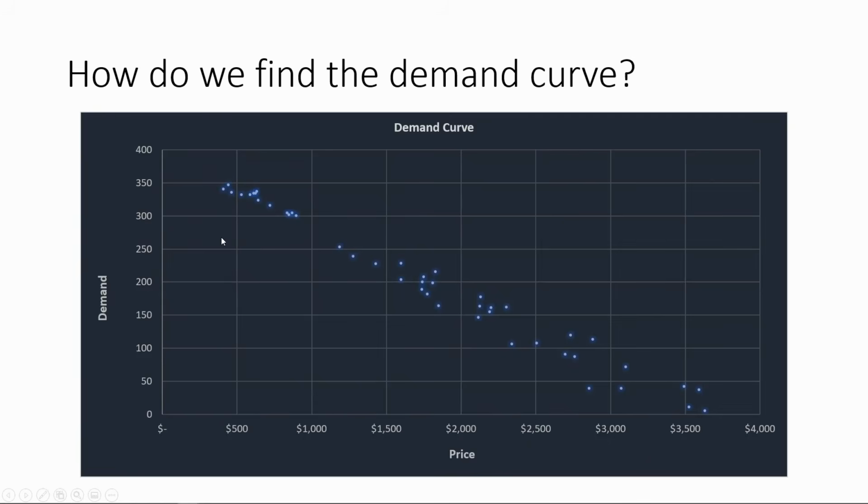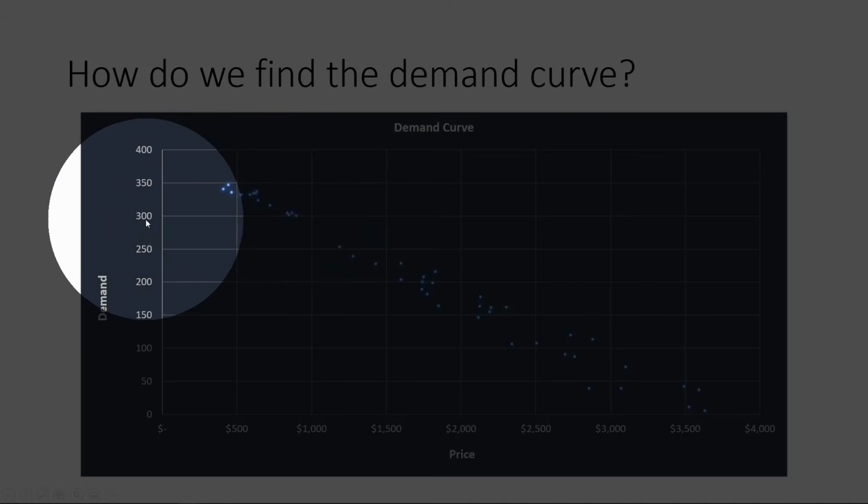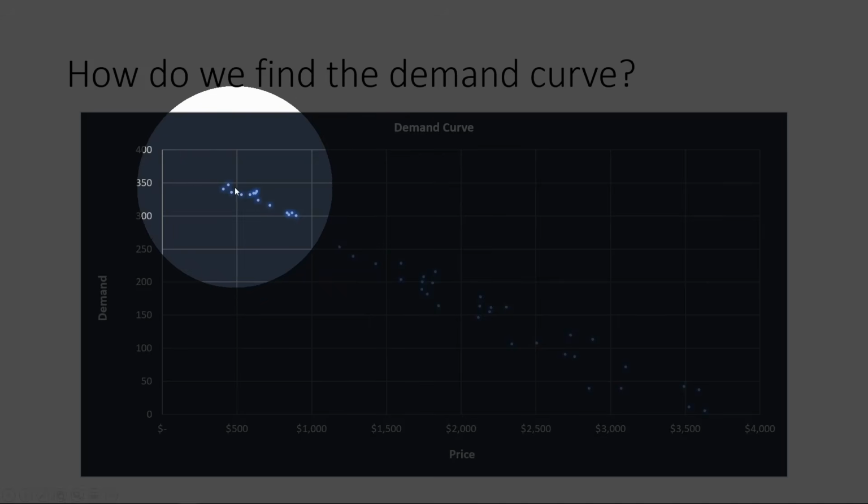Let's say historically you have set the price at different levels. At each time period, you observe the demand at a price level. Let's say at this point, the price is about $800, and you observe the demand of 300 units at this price level. So you can put down one dot here.